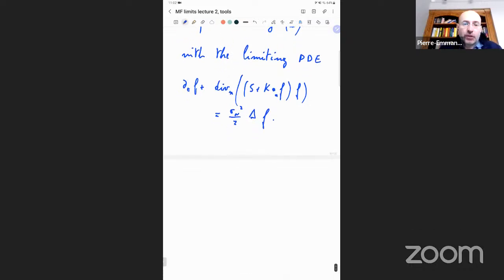So that's a little bit trickier because now how do we compare a discrete system with a continuous limit?